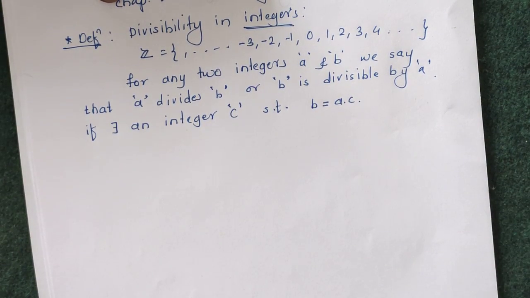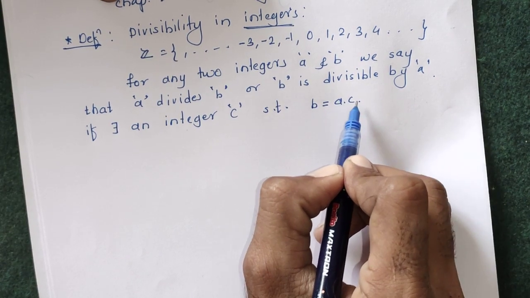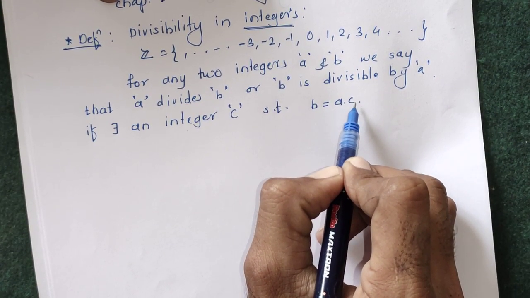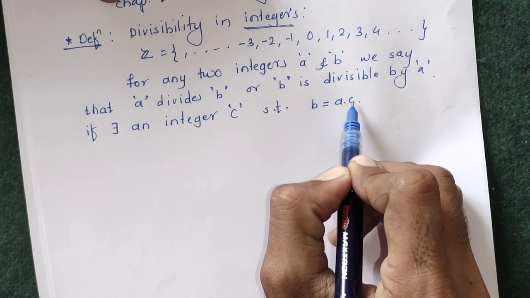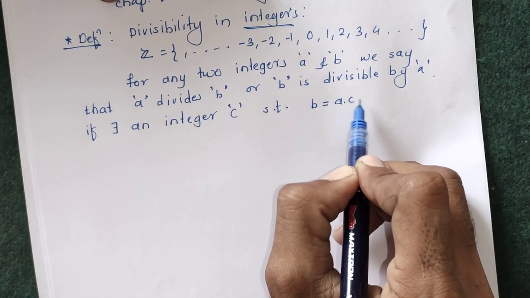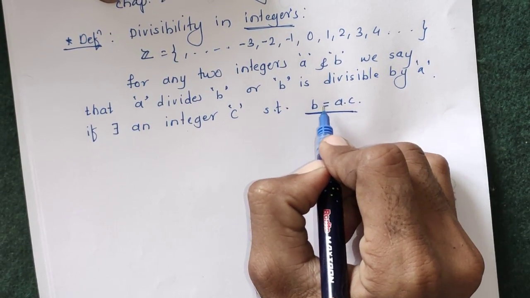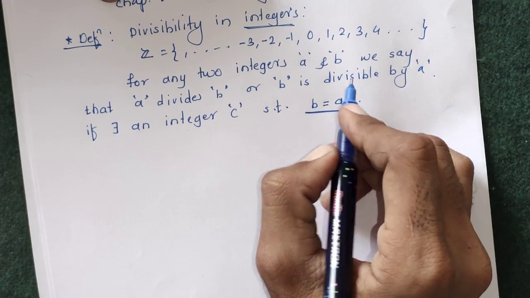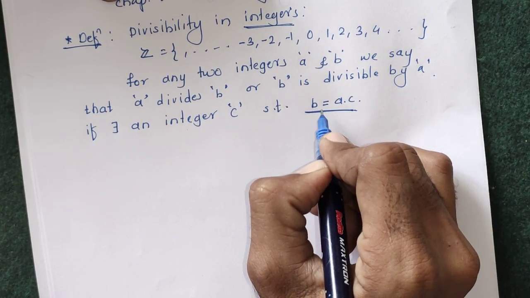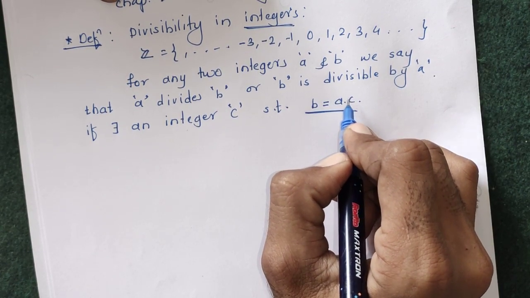This means a divides b if there exists some other integer c such that b is written in the form of a multiple of a, that is a into c.